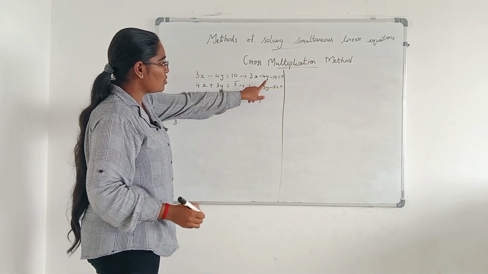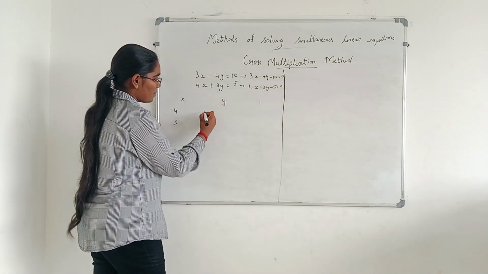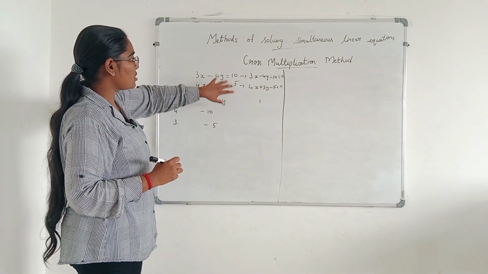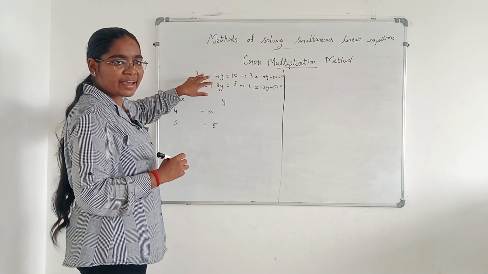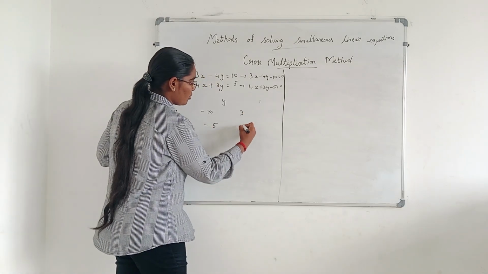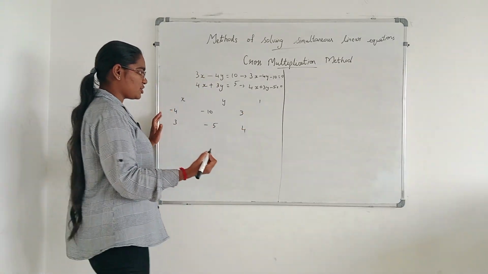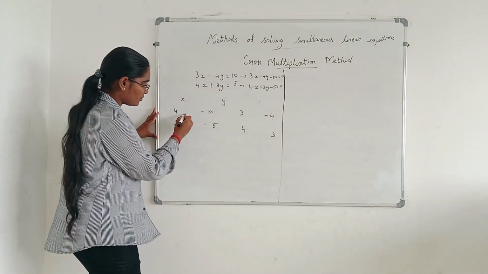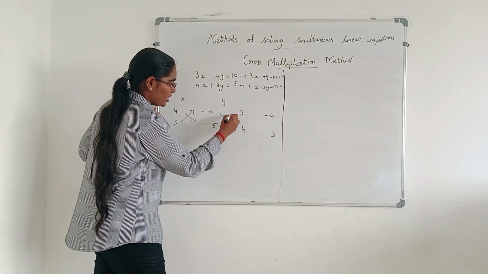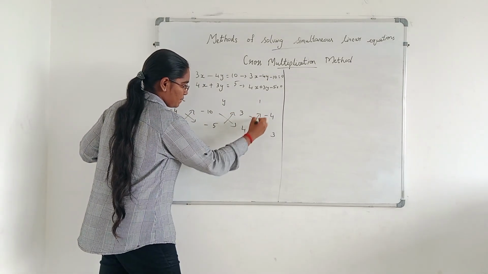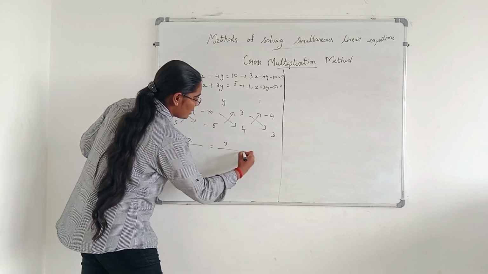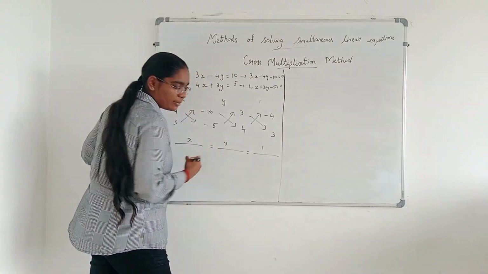So the constants are minus 10, minus 5. Next, the coefficients of the variable x are 3, 4. Again write this minus 4 and 3. Right. Second step, cross multiplication sign. Third step, x divided by equal to y divided by equal to constant divided by.